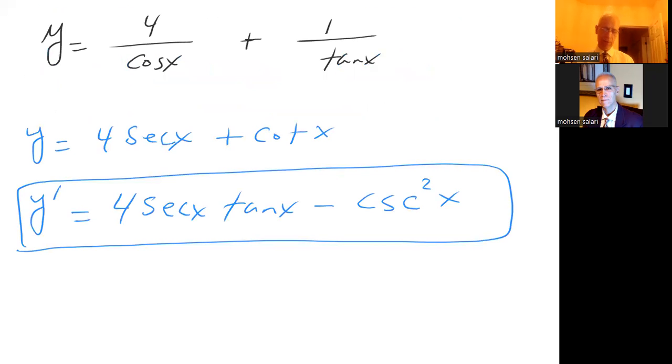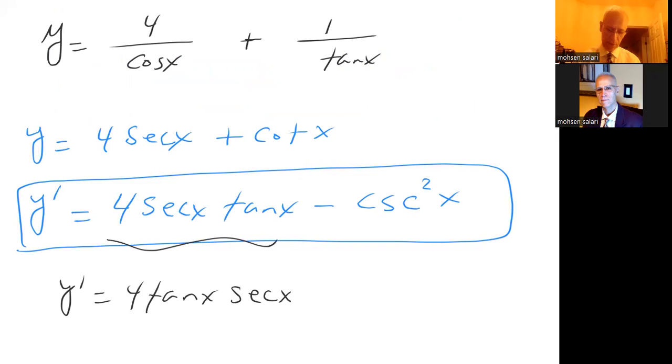In this page, yep, 4 secant x tangent x minus cosecant squared of x, with the exception that our other answer was y prime equals 4 tangent of x secant of x, which is the same thing as this, minus cosecant squared of x. Okay, thanks.